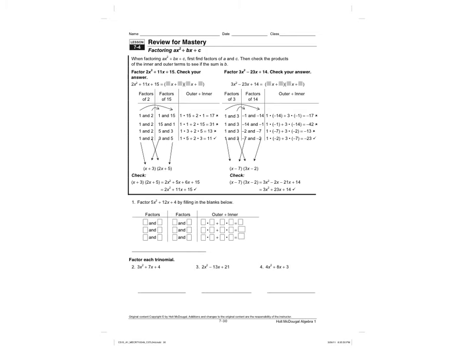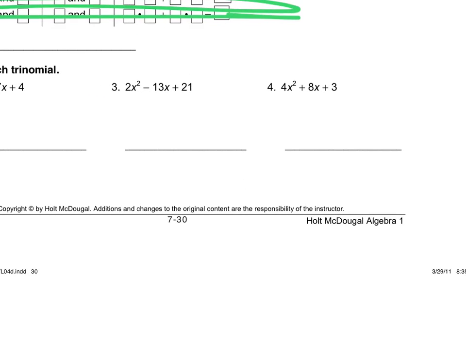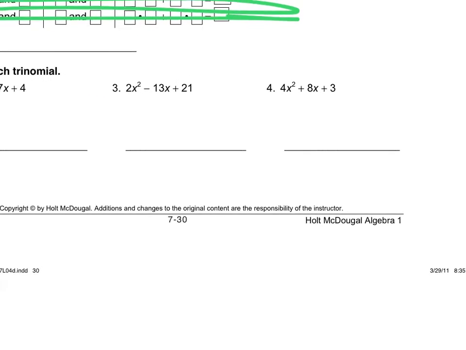Then from lesson 7.4. This is where the trinomials got a little bit more difficult, and there was a leading coefficient. There was a number in front of x squared. Again, I'm not giving you the boxes. I'm going to just give you the problem. So let's say we took number 3 this time. I know when we did the quiz, I did different ones.